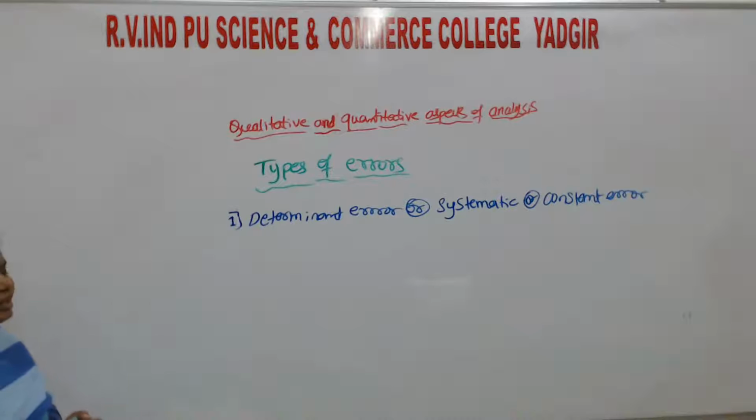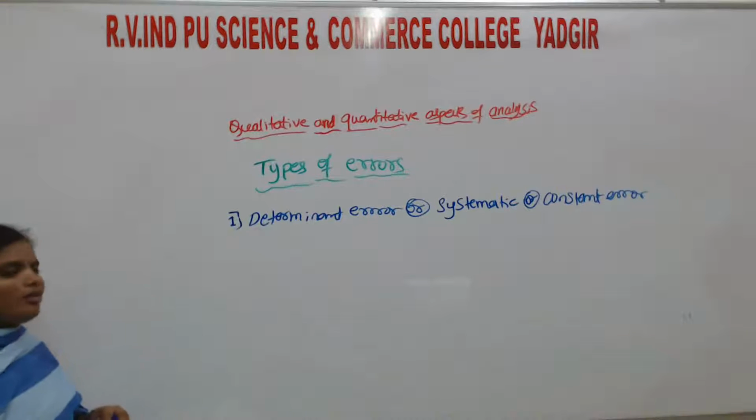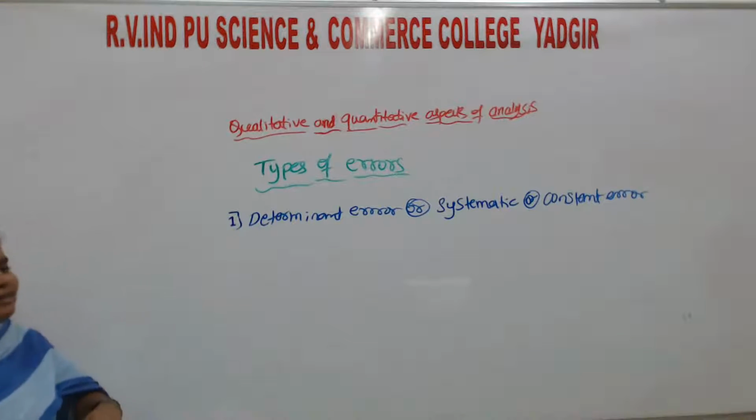What is meant by determinate error? These are errors which can be avoided or noticed, and whose magnitude can be determined and whose measurements can be rectified.